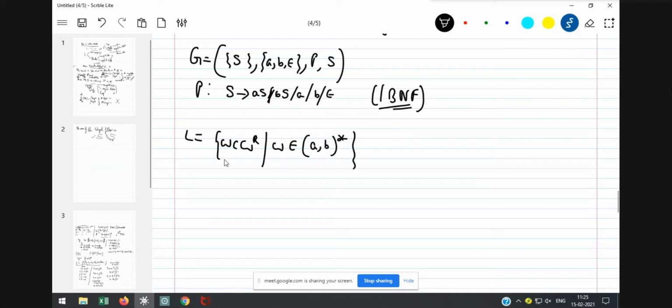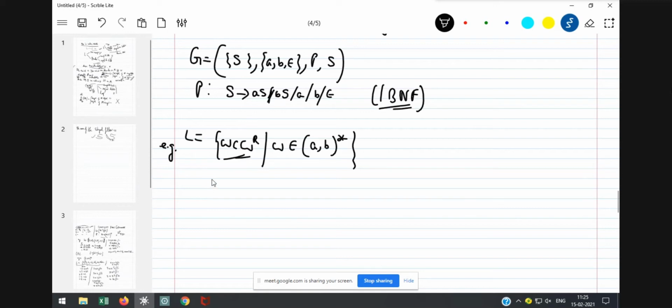So now let me explain this. What do we mean by the language? The question is that we are going to construct a context-free grammar for this given language. In order to do that, let me explain this language first. W represents a string, but in our example W is a combination of a and b, and epsilon is also included. Now let me take one example.